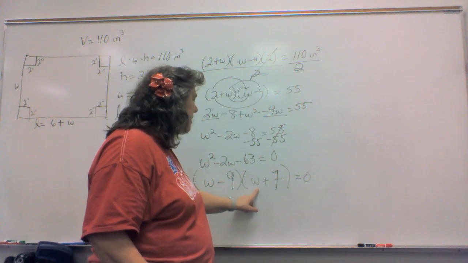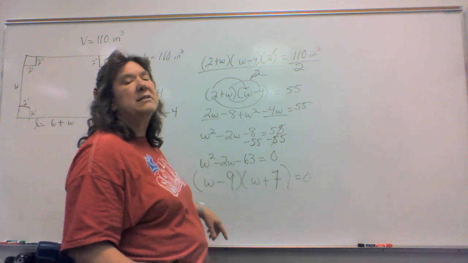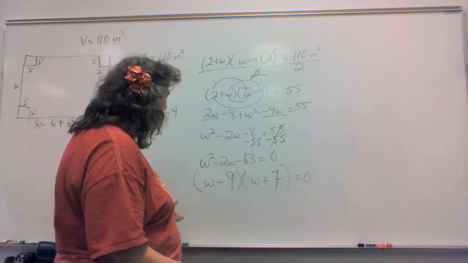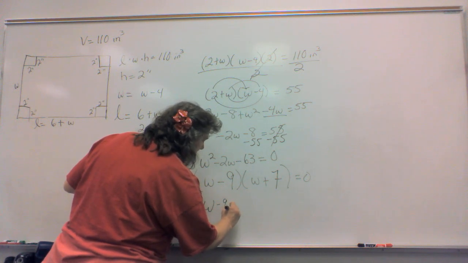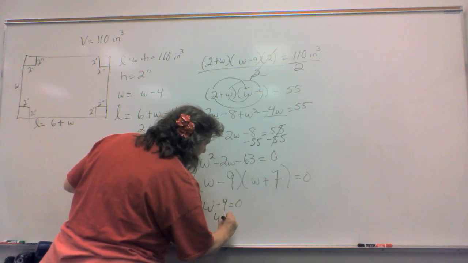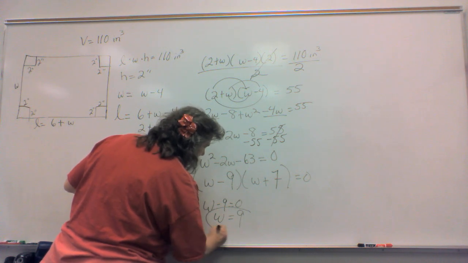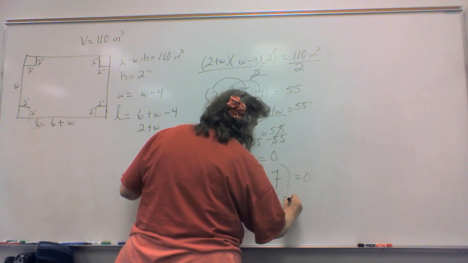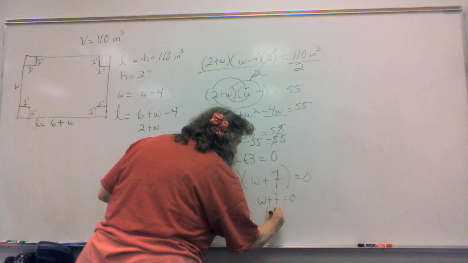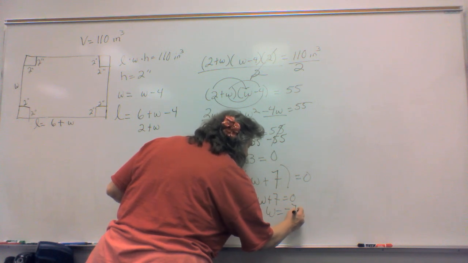And negative 9W plus 7W is a negative 2W. So we are factored. Now we have W minus 9 is equal to 0. So W is equal to 9. W plus 7 is equal to 0. Subtract your 7, and I have W is equal to a negative 7.